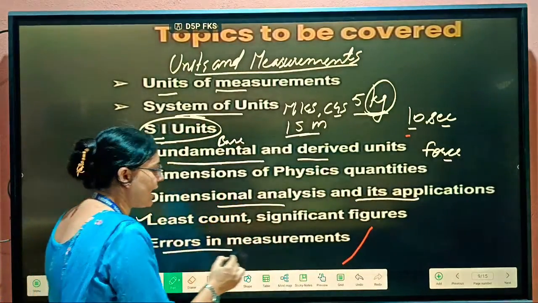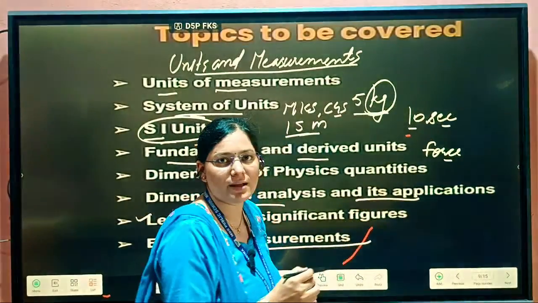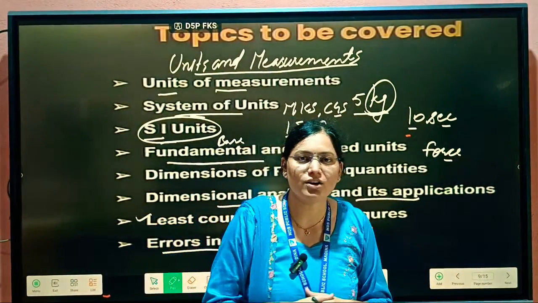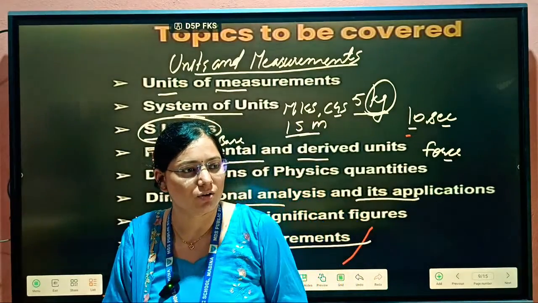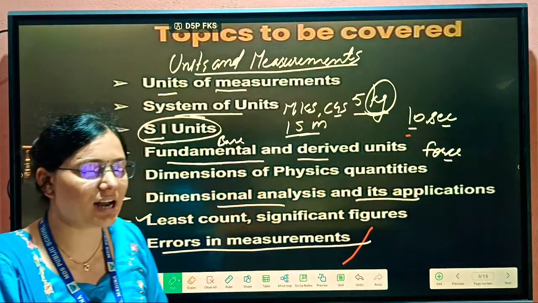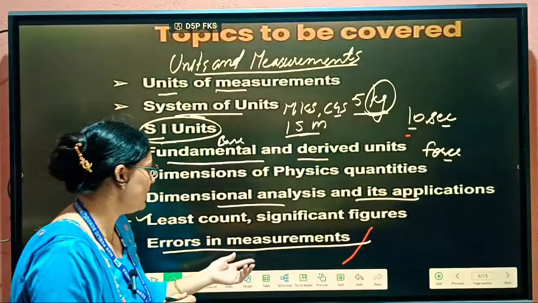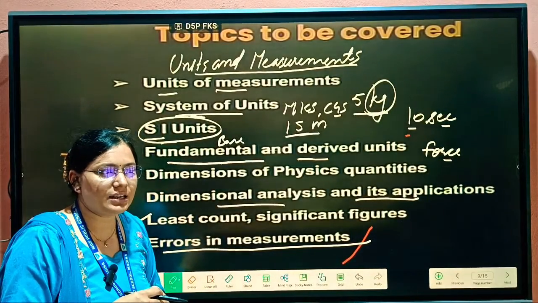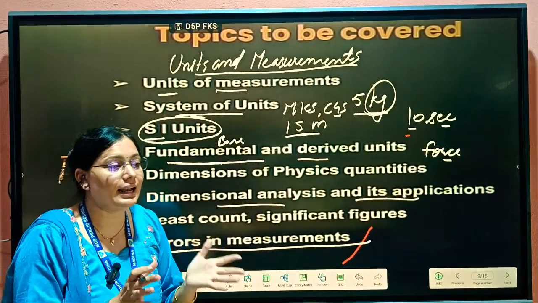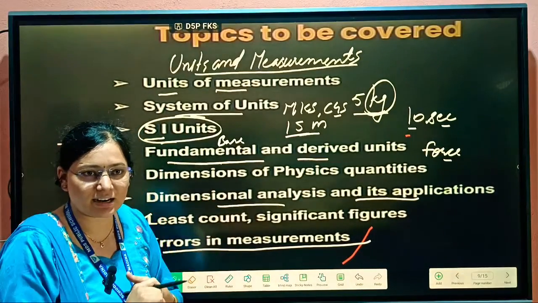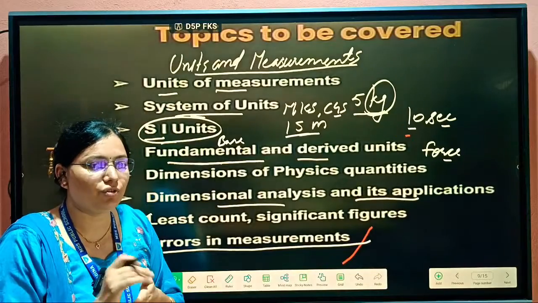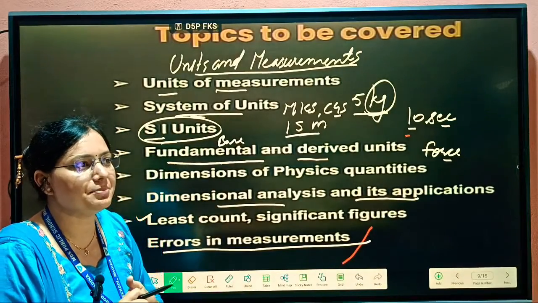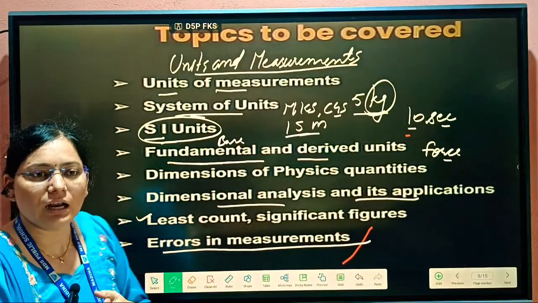And last one beta, error in the measurements. Okay, if we are doing the measurement of any instrument, practically in our lab, then how much error will be there? Understood? In the lab there are many instruments available, but if we are doing the practical, then during the practical time there can be error.